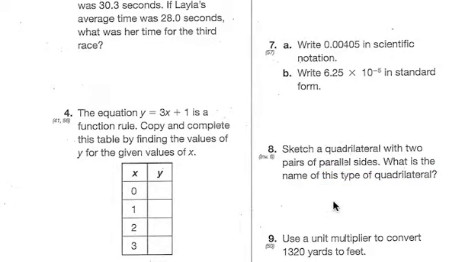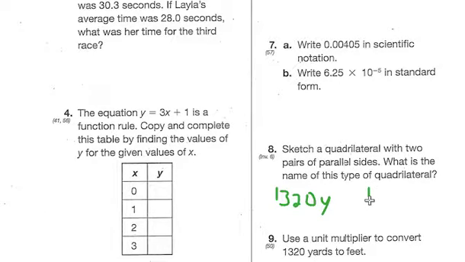Last one on this side, use a unit multiplier to convert 1,320 yards to feet. Okay. So we know that the conversion ratio, first we can write 1,320, and we're going to make sure and label it yards.